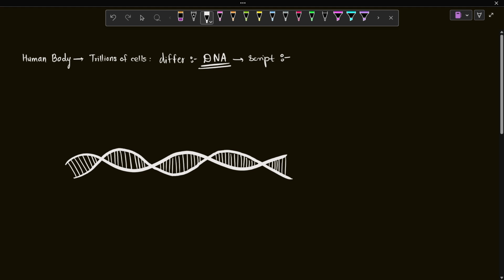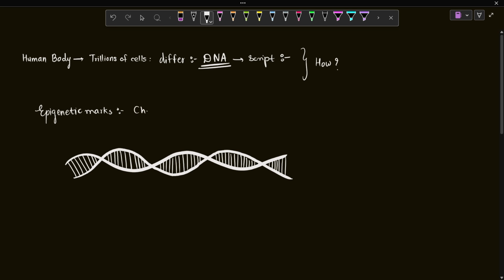Okay. So this explains why, but this doesn't explain how the process happens and how DNA is read differently by different types of cells. The DNA is read differently by different types of cells due to epigenetic marks. So what are epigenetic marks?